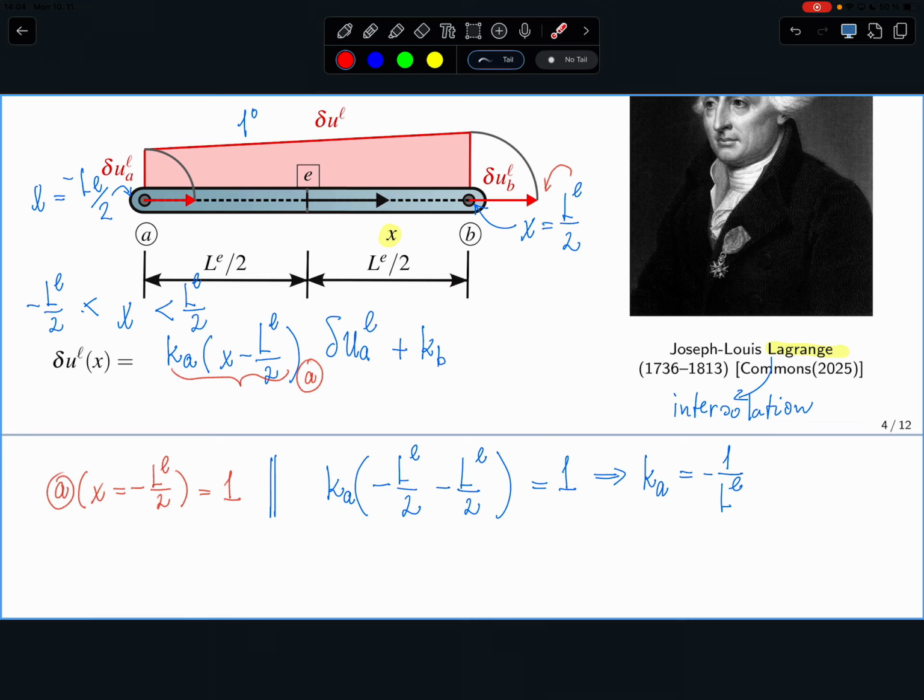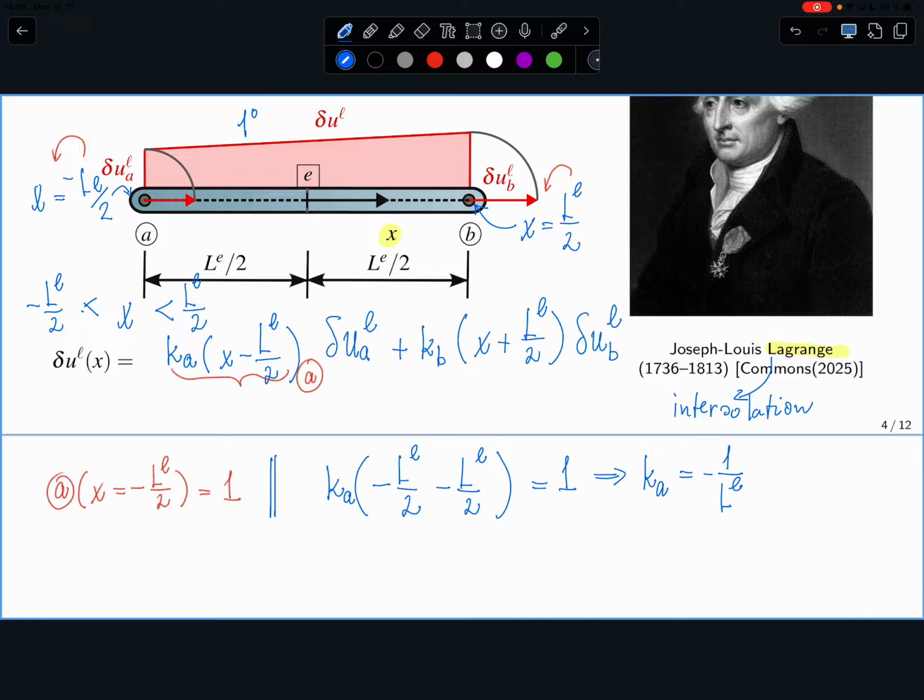So if I now take this LE over 2, move it to the left-hand side, I will have 0 on the right-hand side. So this is indeed a function which vanishes at the left, and this is something which needs to be multiplied by delta u b in the local coordinate system.